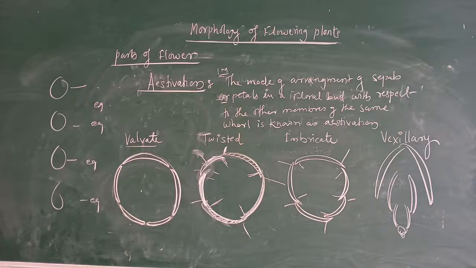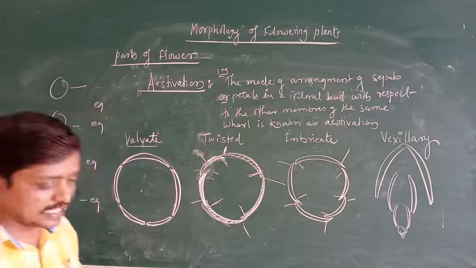So you are going to write the examples for these. Okay, right. With this, I am going to stop here. In today's class we studied the parts of flowers, in the sense calyx and corolla. Then we studied gamosepalous, polysepalous, gamopetalous, polypetalous. And afterwards we studied aestivation.